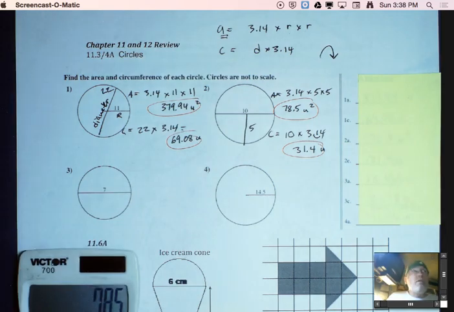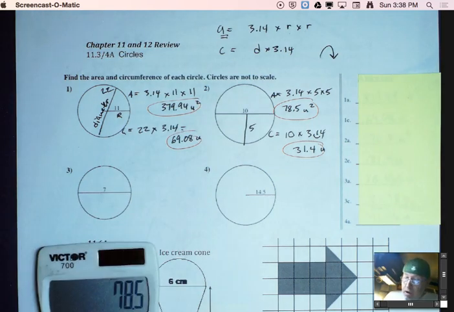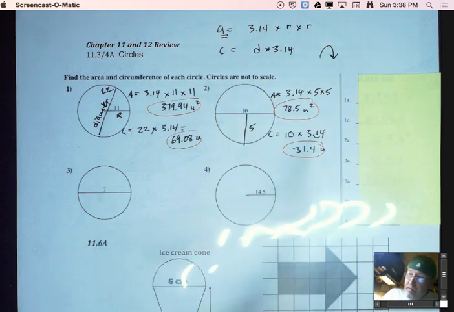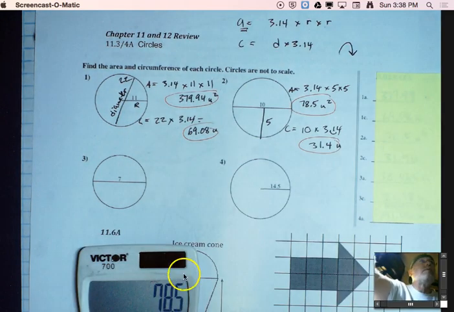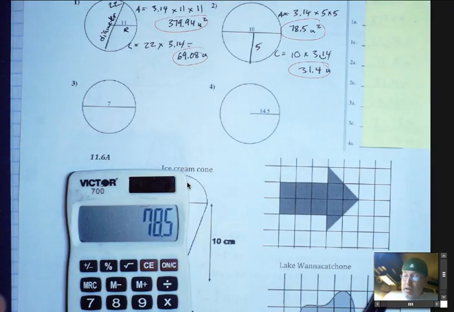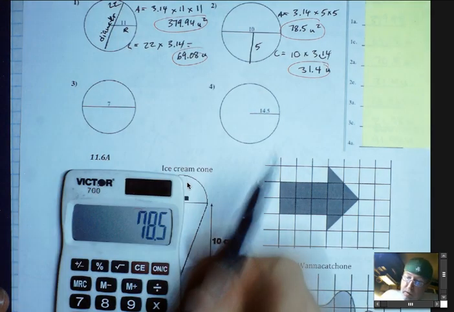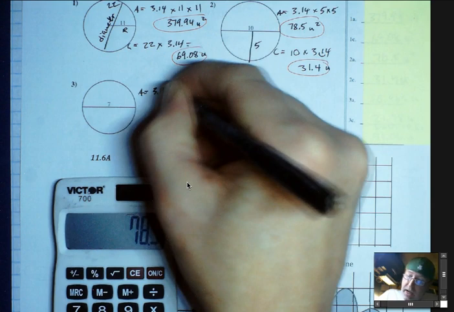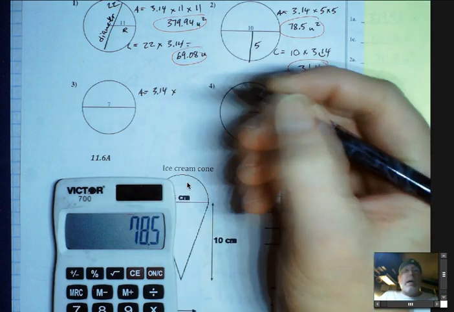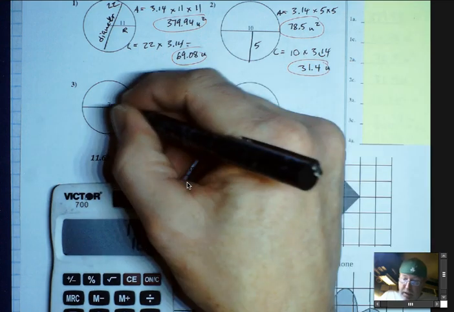Make sure my calculator is doing okay here. I'm going to move it up a touch so you can see what's going on. Okay, this next one, area is equal to 3.14 times the radius times the radius. Here we got a diameter again, so we have to make a radius.